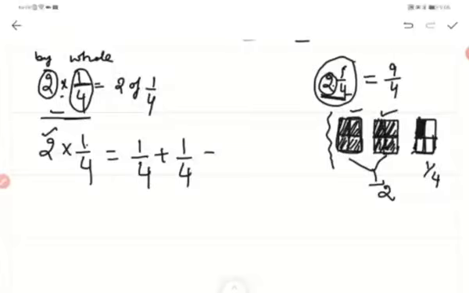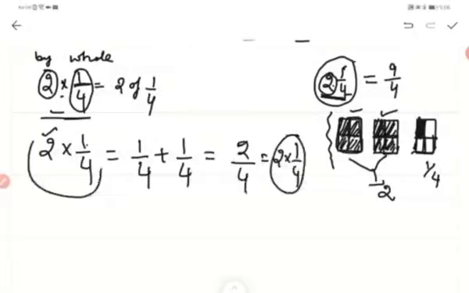Yes or no? So this will give you 2 by 4. Again you can write this 2 by 4 as 2 into 1 by 4, isn't it? It is the same as what we took here. So you can represent this as 2 times 1 by 4, that is, you are adding 1 by 4 two times.